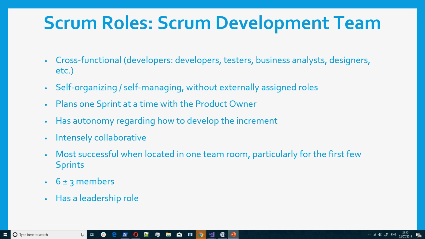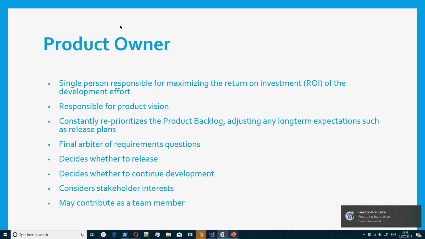And that's the product owner. I said the product owner is the single person responsible for maximizing the return on investment of the product that you are about to deliver, and is also in charge of the product vision. So basically, if you have any information about the requirements, this is the right person to talk to.